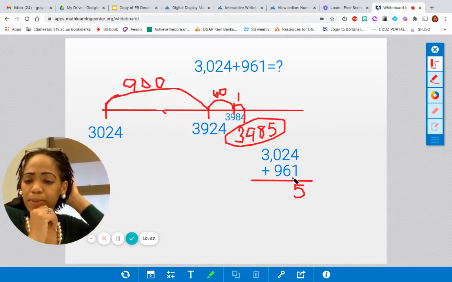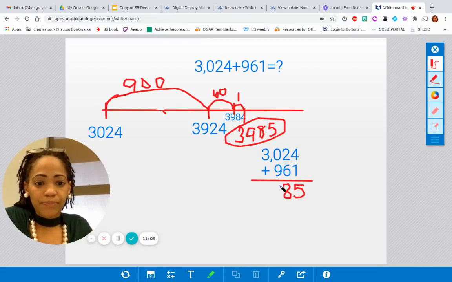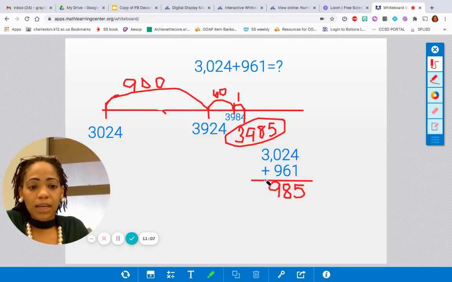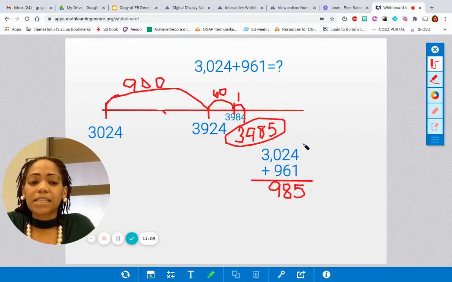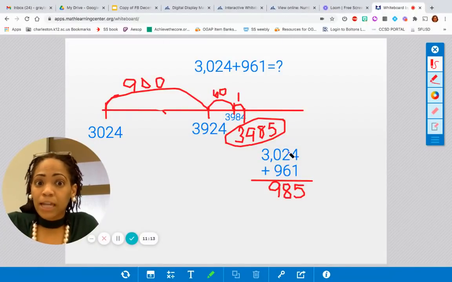Now I have 2 tens plus 6 tens, 8 tens, 9 hundreds plus 0 hundreds, still 9. Notice my language when I'm talking about using the standard algorithm. I'm not saying 4 plus 1, 2 plus 6, 0 plus 9. That 2 is really not a 2. It's a 20, or it's 2 tens.